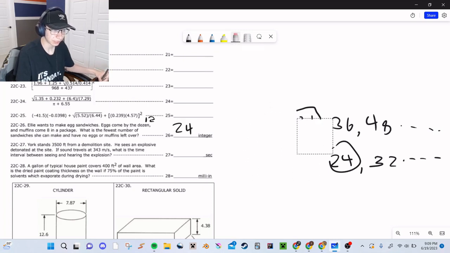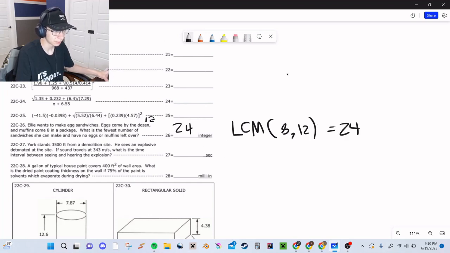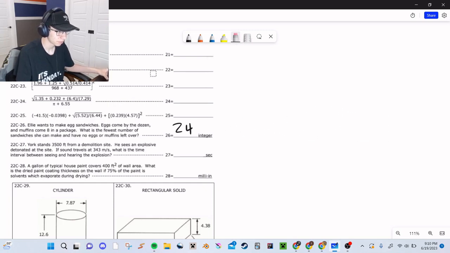Really, the answer here is just the least common multiple of 8 and 12, which is 24. Because I would buy 2 packages of eggs to get 24, and 3 packages of muffins to get 24. So I use both of these completely, nothing's left over.